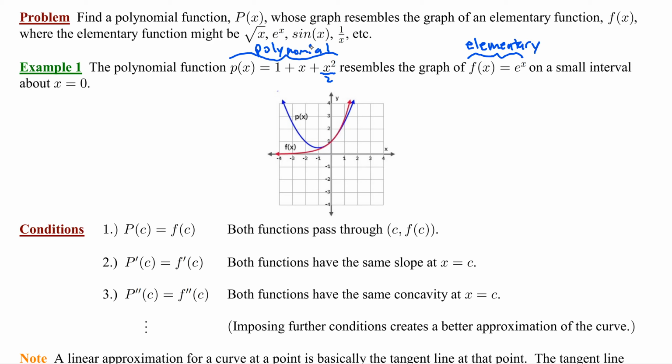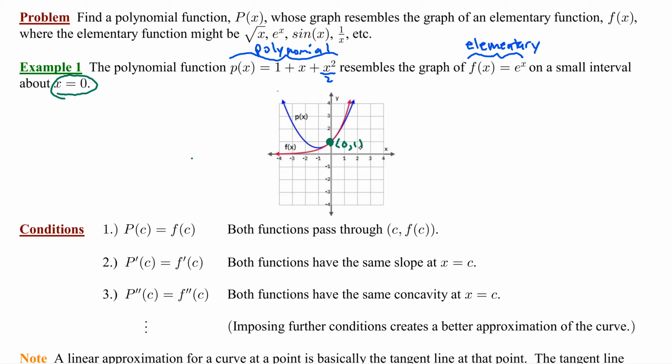So if you look at the graph, the blue curve is p of x, the polynomial function, and the red curve is f of x, our elementary function or our exponential function. The statement there says p of x approximates f of x on a small interval about x equals 0. So if I look at x equals 0, this would be the point 0, 1 on the graph.